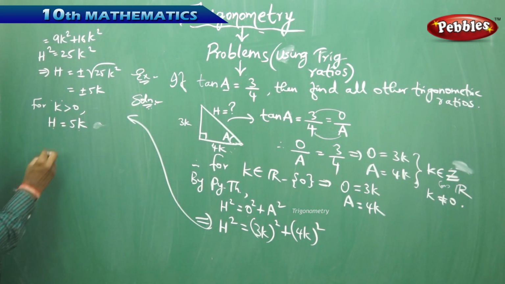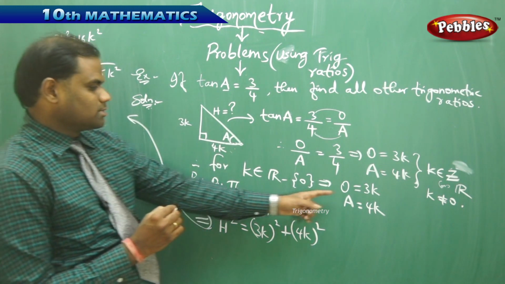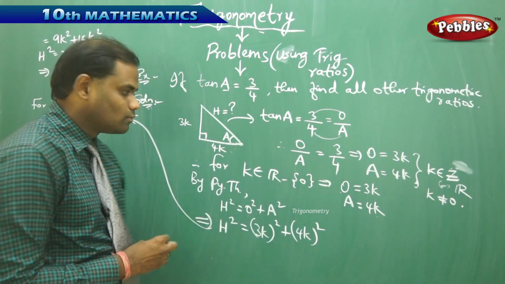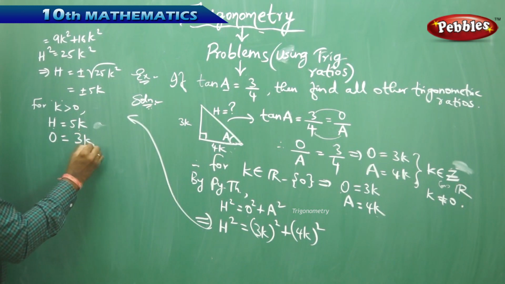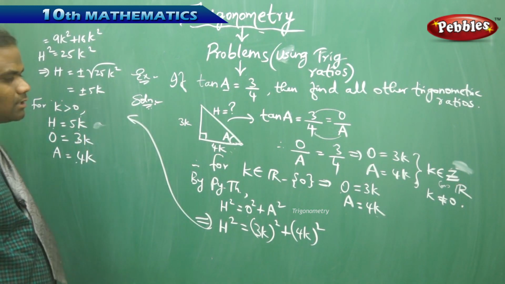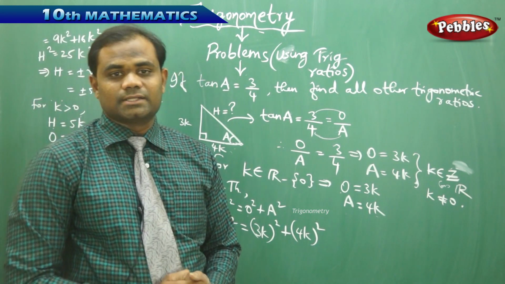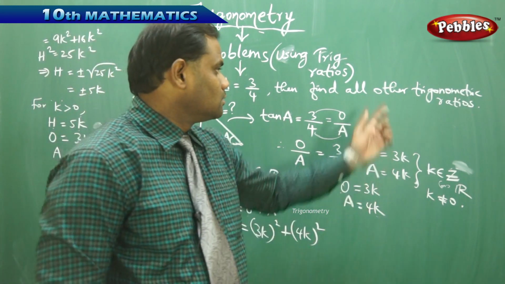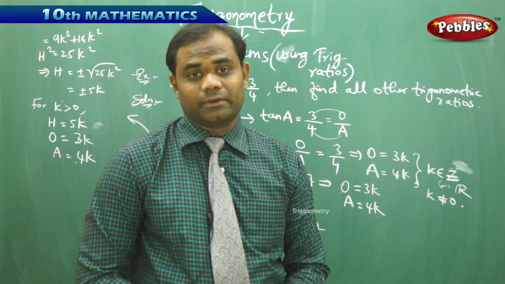Therefore, hypotenuse is 5k, the opposite is 3k and adjacent is 4k. These three values we utilize in finding all other trigonometric ratios.